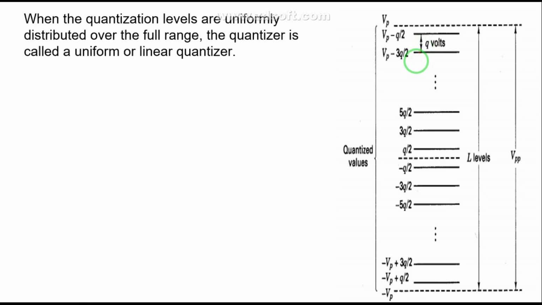When the quantization levels are uniformly distributed over this full range, the quantizer is called a linear or uniform quantizer.